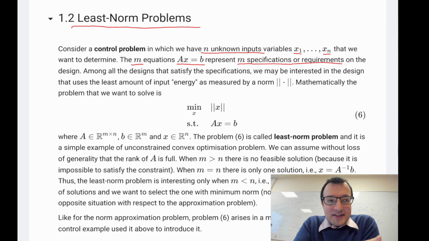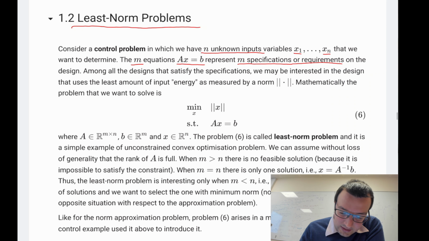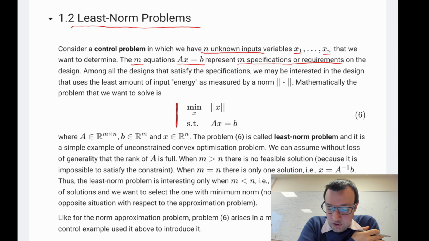So we have a certain constraint that we want to satisfy, but among the possible solutions that satisfy the constraint, we want to find the one that uses the least amount of energy, which means essentially it's as close as possible to zero. The problem mathematically can be formulated as the problem of minimizing the norm of x subject to the constraint Ax equal to b.